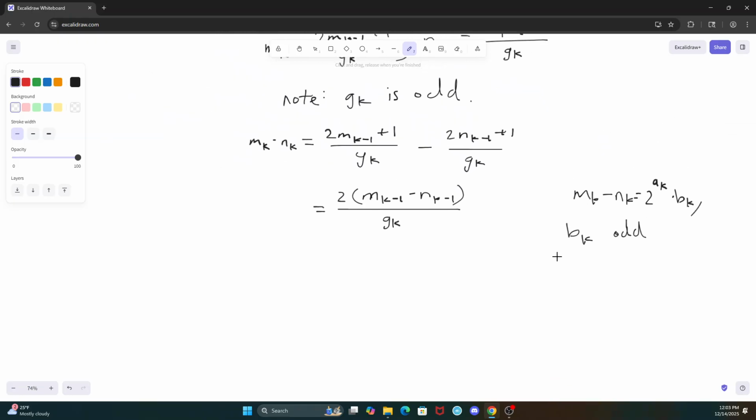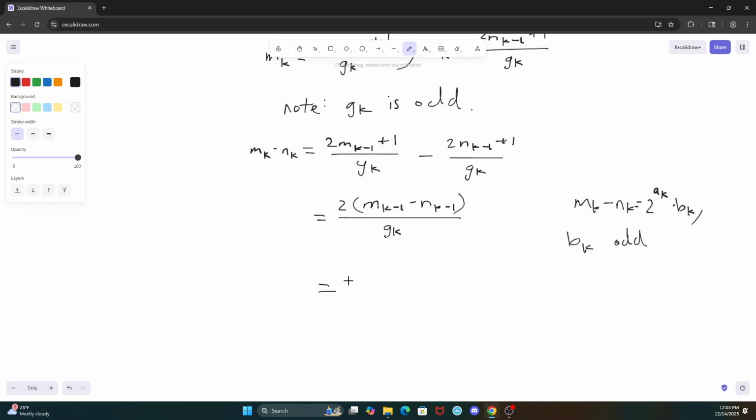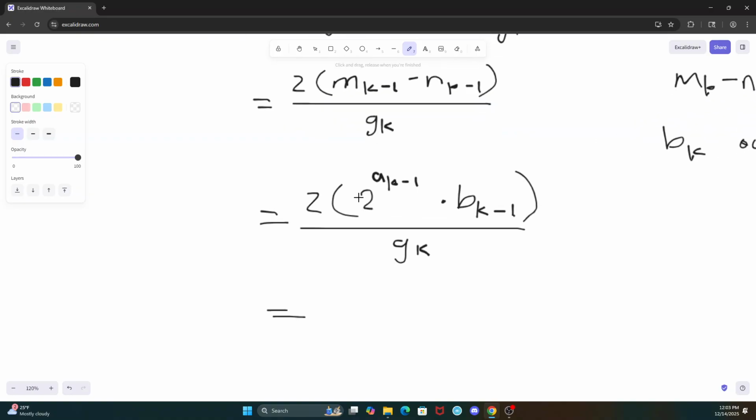Then we can immediately write the difference as 2 times the previous term's difference, which using this form is 2 times a sub k minus 1 times b sub k minus 1 all over g sub k. And so if we multiply the 2 in, it will combine with this to make a power of 2, and then b sub k minus 1 remains odd, and g sub k remains odd. So we must have that g sub k divides b sub k minus 1.